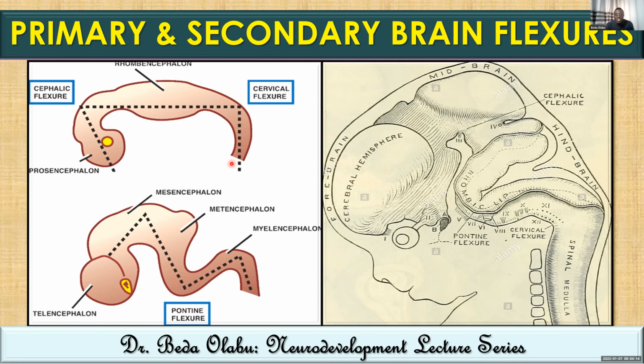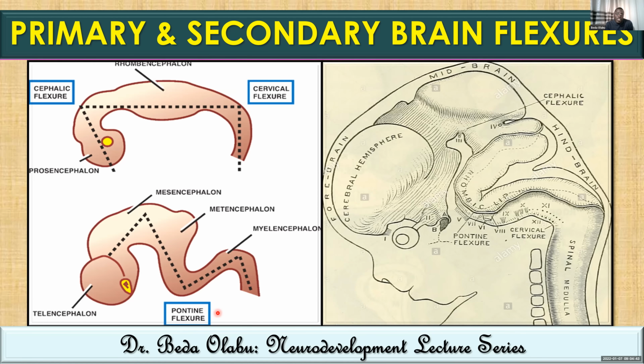Now, to ensure that the forebrain comes up, we then need a secondary flexure, which is a flexion on the dorsal aspect, this one. So this one makes the brain tilt backwards. Then that flexure that occurs on the dorsal aspect occurs at the level of the pons, and so we call it the pontine flexure.